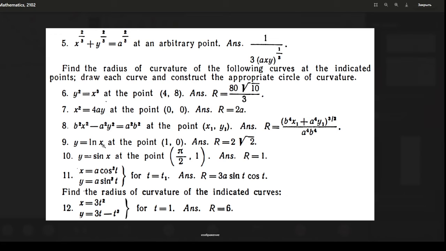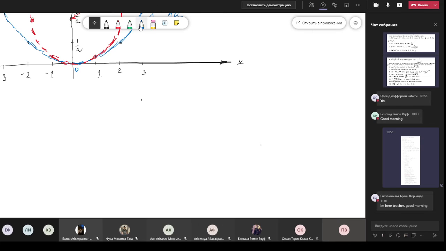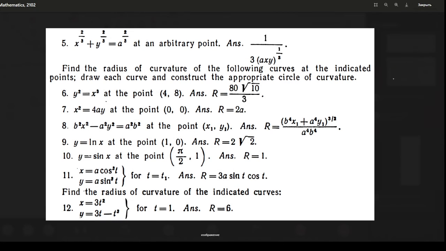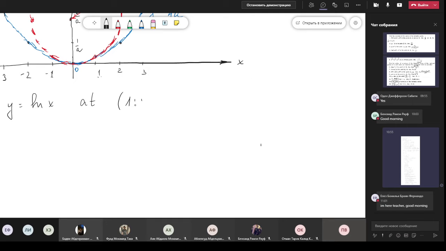We must find the radius of curvature of the line y is natural logarithm of x at the point 1, 0. Number 9. At the point 1, 0.